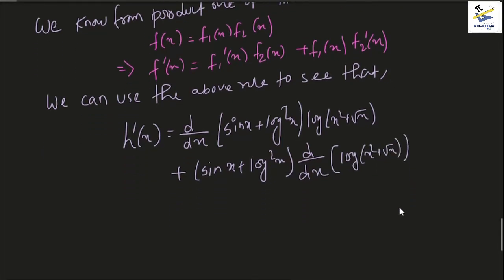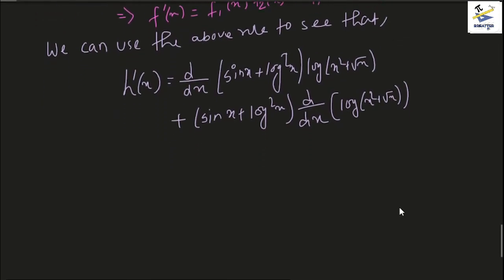So this is the derivative for h prime x, right? So let me find out that obviously when finding the derivative of sin x plus log square x, the derivative of sin x is pretty much simple, but the derivative of log square x is again a composite function.